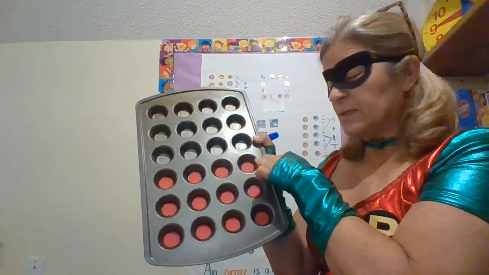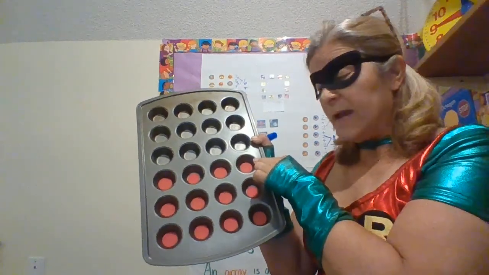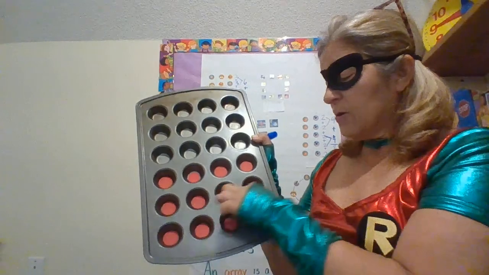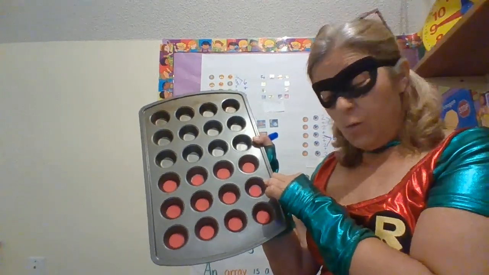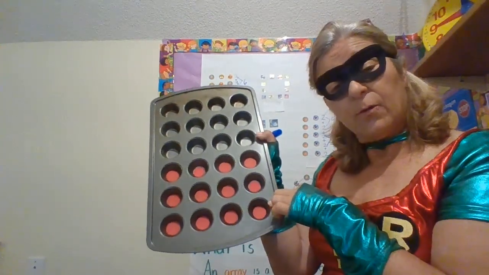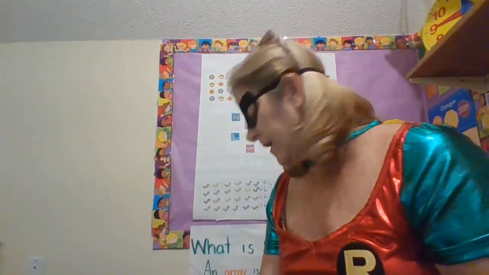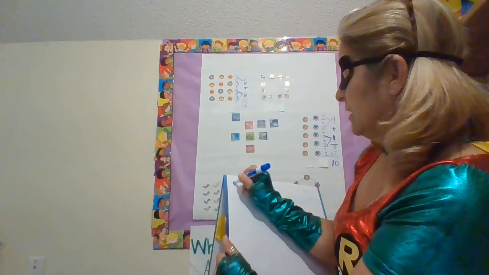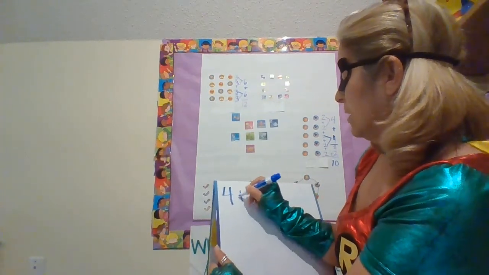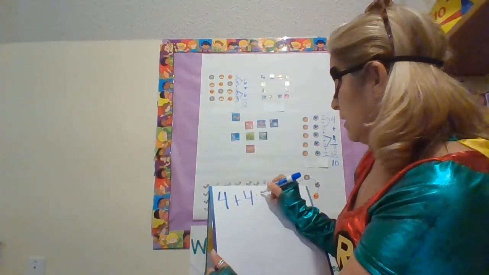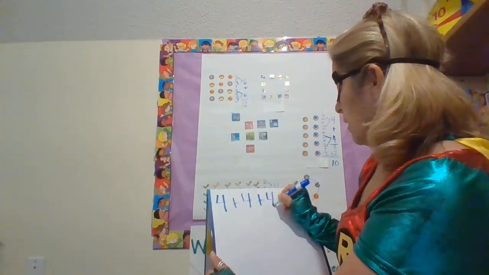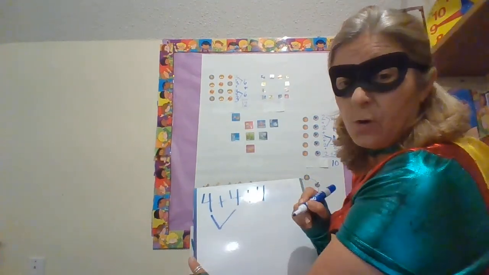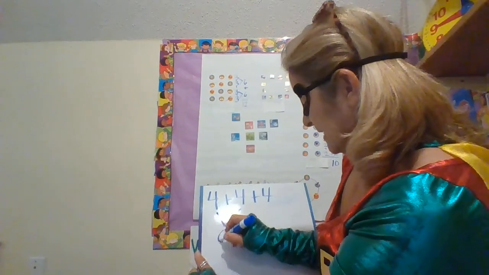So how many are in this row? That's right, there's 4. And how many are in this row? 4. And how many are on this row? 4. So if we wanted to write that in repeated addition, on the first row there was 4 plus 4 more plus 4 more. We know 4 plus 4 is 8.